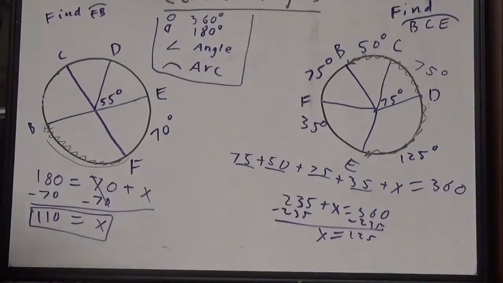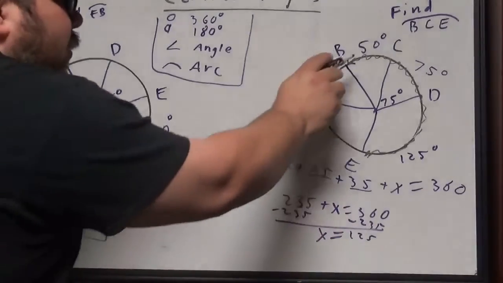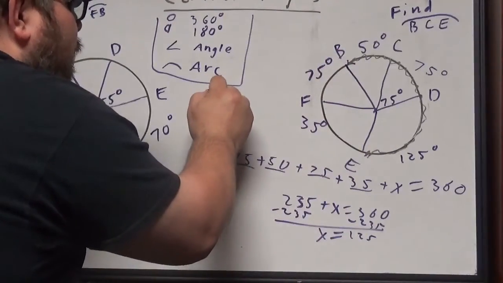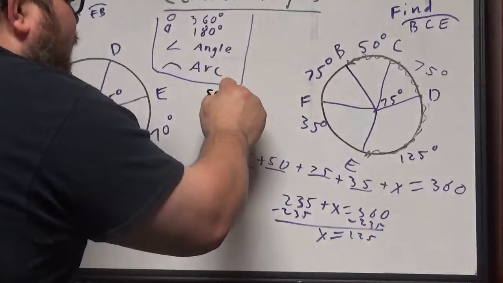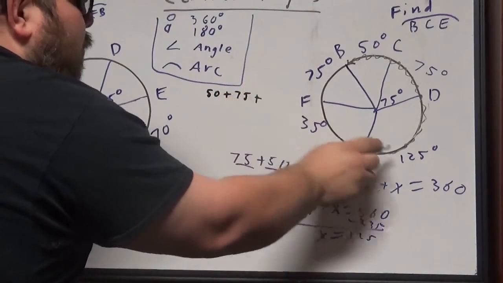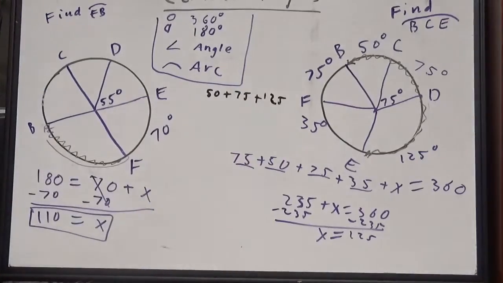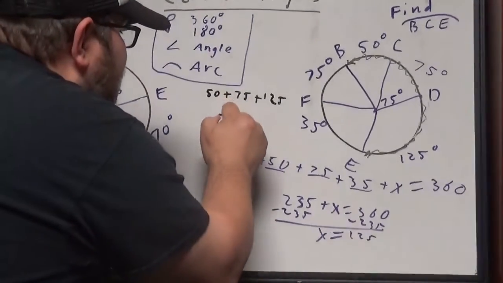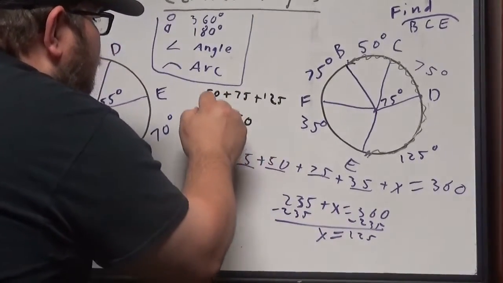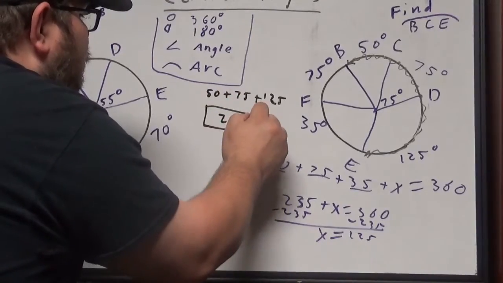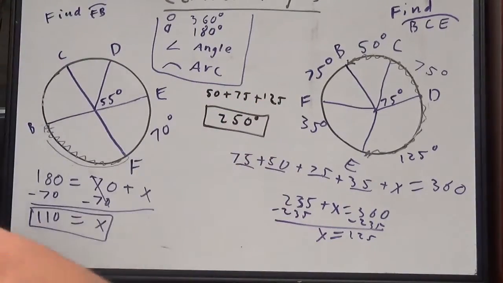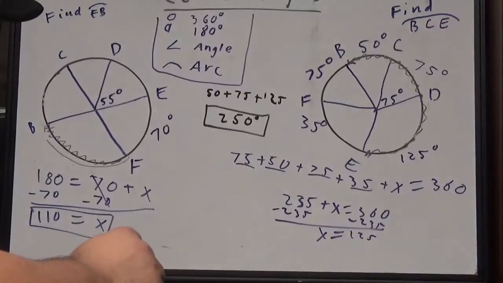But that's not the final answer. The final answer is going to be 50 plus 75 plus 125. Add those together, we get 250. A little degree sign for good measure, and that's it.